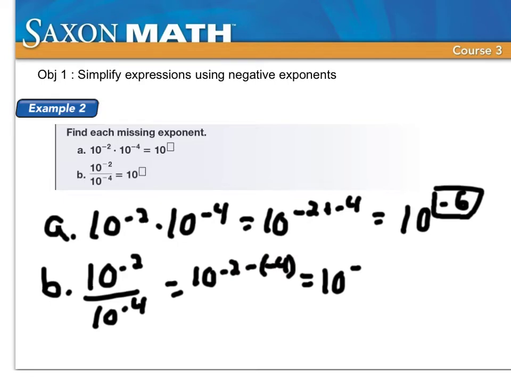So that's the same as negative 2 plus. The minus changes to its opposite, which is plus. So this number changes to its opposite, which is 4. And 10 to the negative 2 plus 4, well, negative 2 plus 4 is positive 2. So that's our missing exponent there, positive 2. Okay? Alright, let's keep going on to more examples.